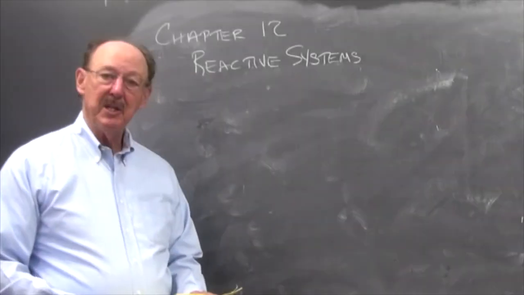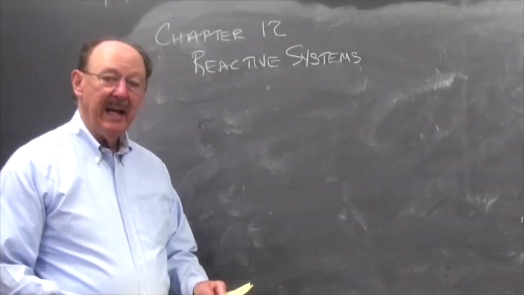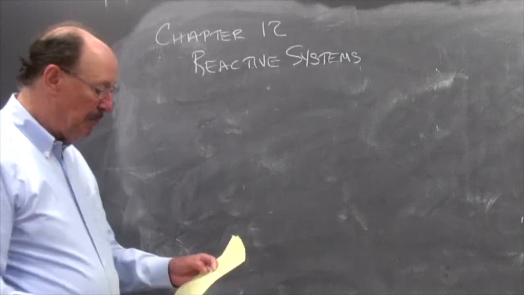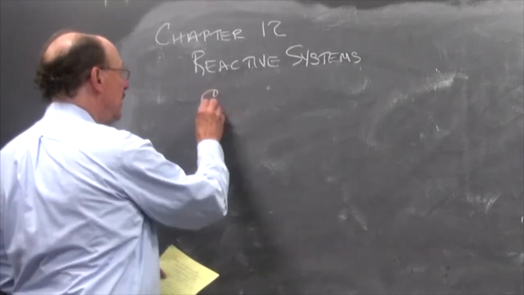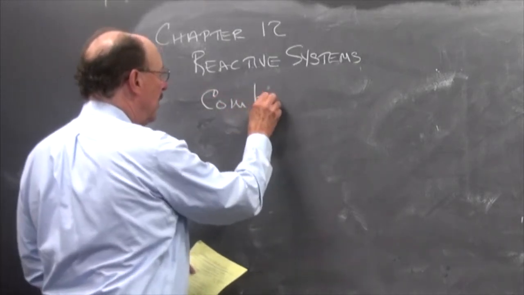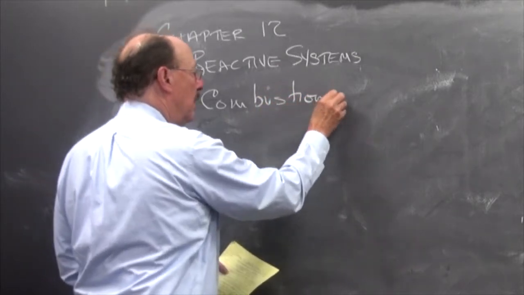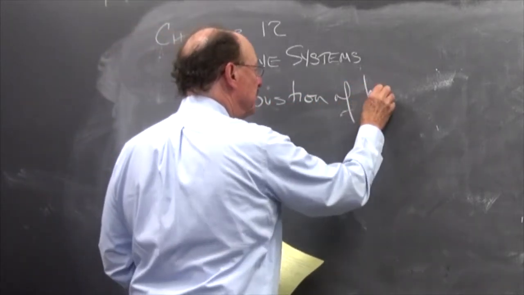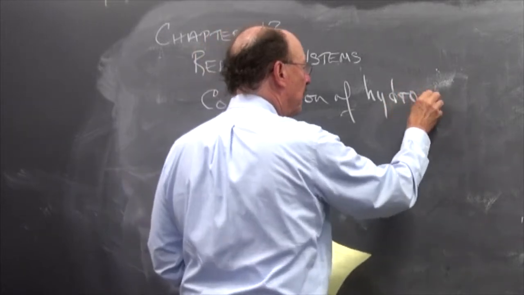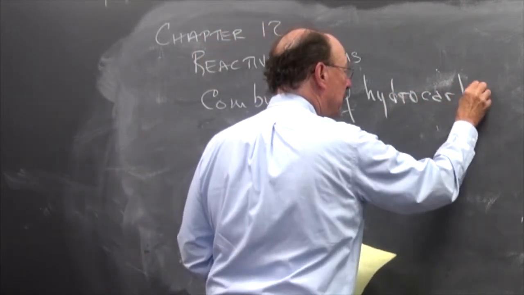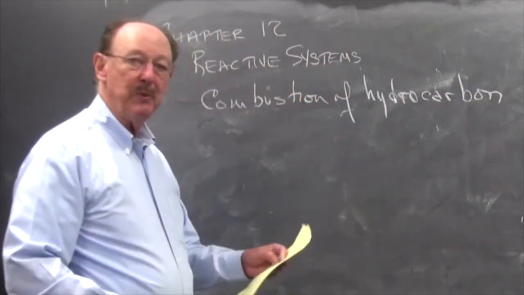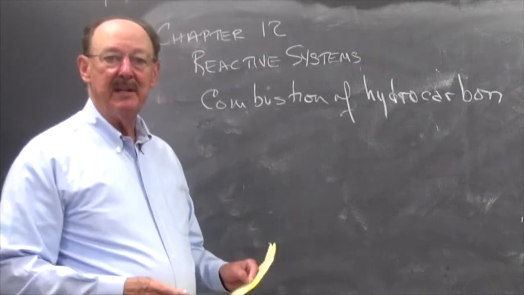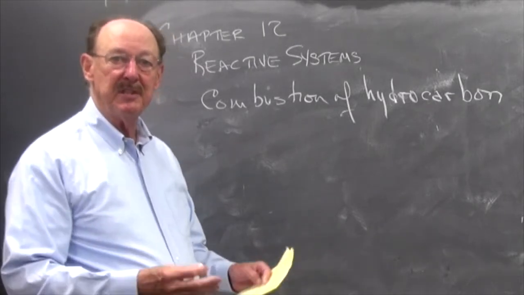Today we're going to look at Chapter 12, Reactive Systems, and here we're looking at the combustion of hydrocarbon fuels. Hydrocarbon fuels are much of what is burned in automobiles and furnaces.